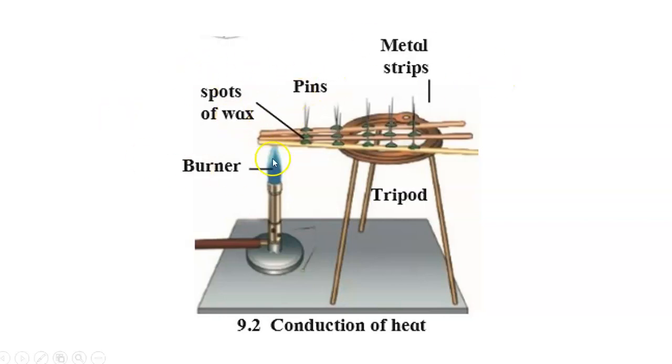So what happens is when heat reaches this particular pin, the wax melts, and this pin which is over here, it is no longer being held and it falls down. Then heat reaches here, the pin falls down, then this, and finally this. So this is how this particular experiment proves transfer of heat through conduction. Tells us that heat is being transferred this way.